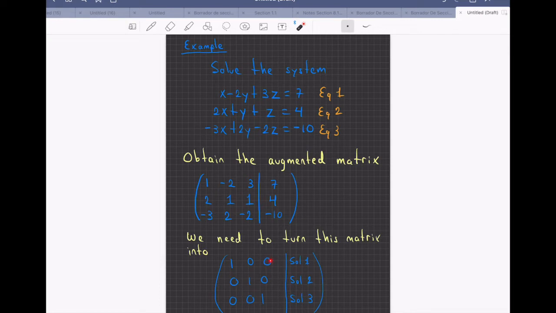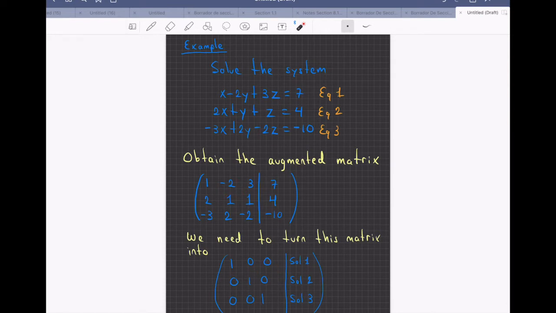But you say, well, but how? How can we do that? Of course, this is like a game where we have certain rules. The rules are going to be the row operations allowed. I'm going to specify them. But in general, the method is to try to turn this into this.